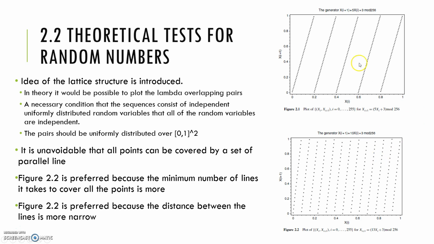I think this one has 13, this one has 5, so the fewer the better. And then figure 2.2 is also preferred because of the distance between the lines. Generally you want a narrower distance between the lines, and as you can see in figure 2.1, it's very wide.